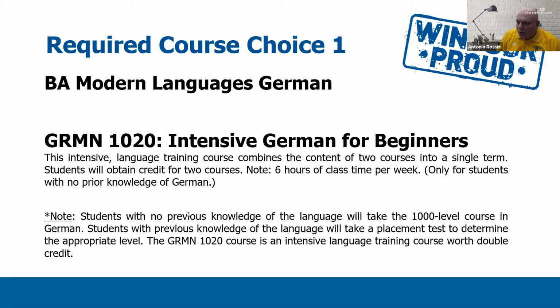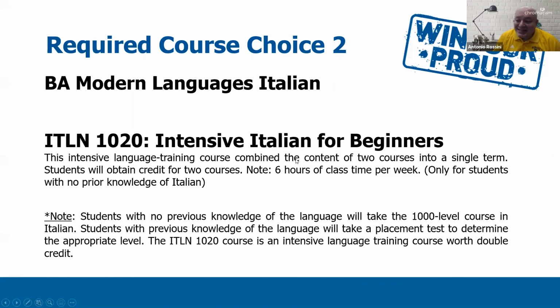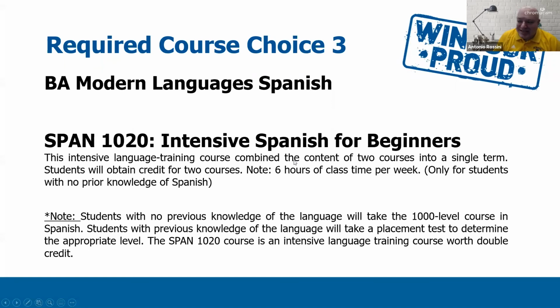But if you are already a little bit advanced, you can be put in a superior level course. So I repeat, they are German 1020, Intensive German for Beginners, Italian 1020, Intensive Italian for Beginners, and Spanish 1020, Intensive Spanish for Beginners. Since they are intensive, they count for 2 courses.